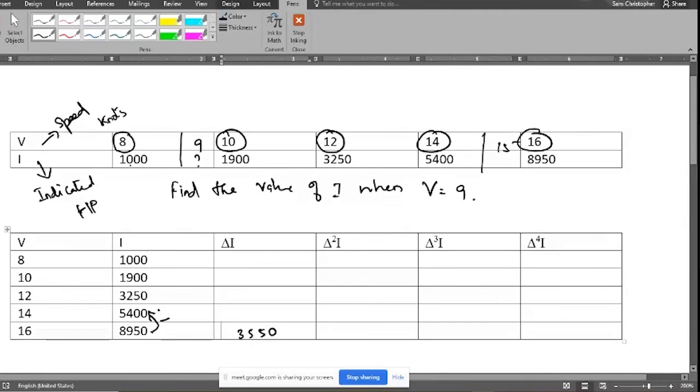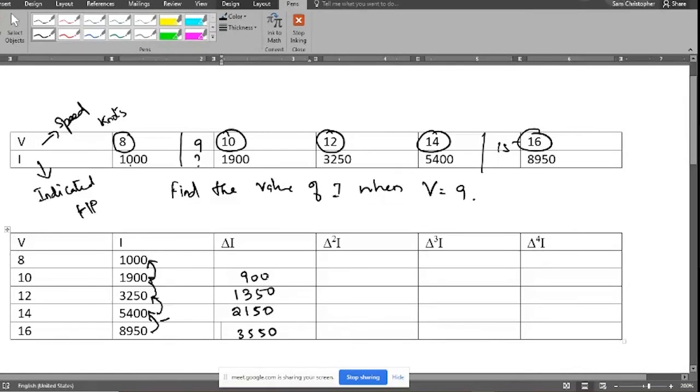Next you have to do 5400 minus 3250, which gives 2150. Similarly, from 3250 to 1900: 3250 minus 1900 is 1350. And from this to this, 900.